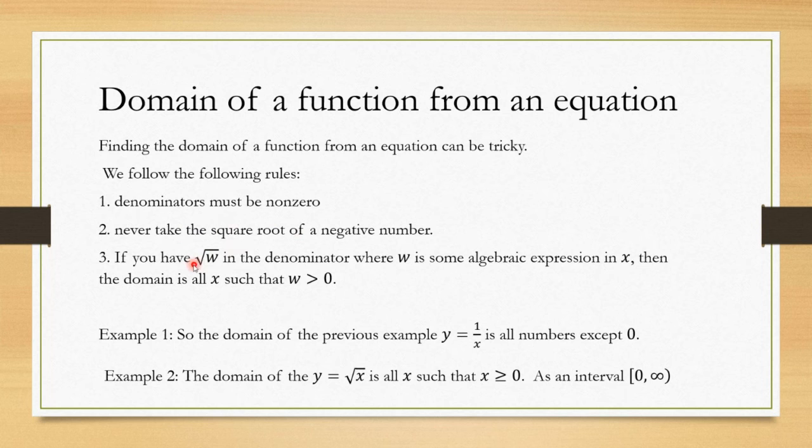If your denominator is of this form, where w is just some expression in x. It could be x plus 1, x minus 4, whatever. You want all x so that the radicand w here is positive. That's if this is in the denominator. If it's not, then in a sense you just go to rule 2, it just can't be negative. But here I'm saying it can't be 0 either.